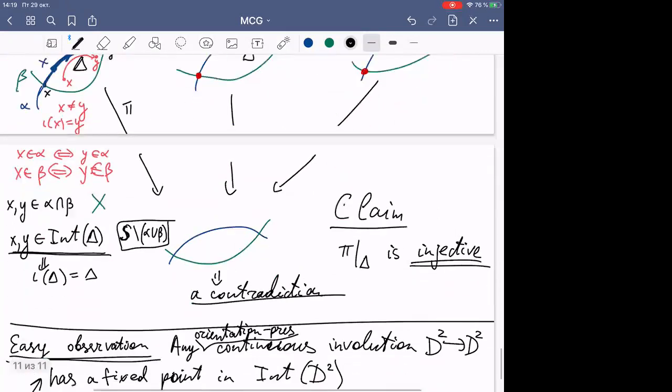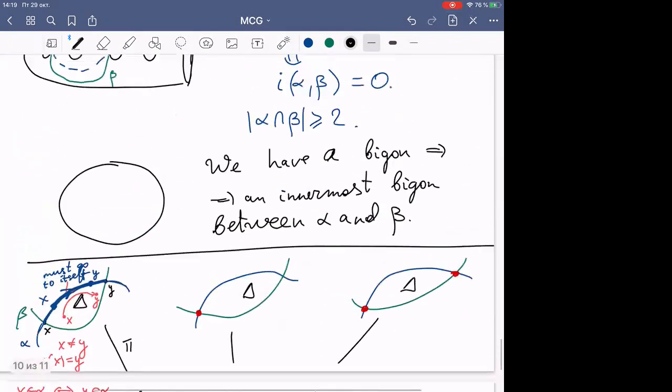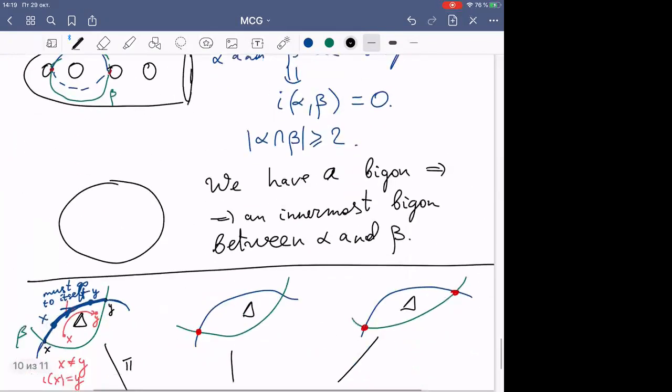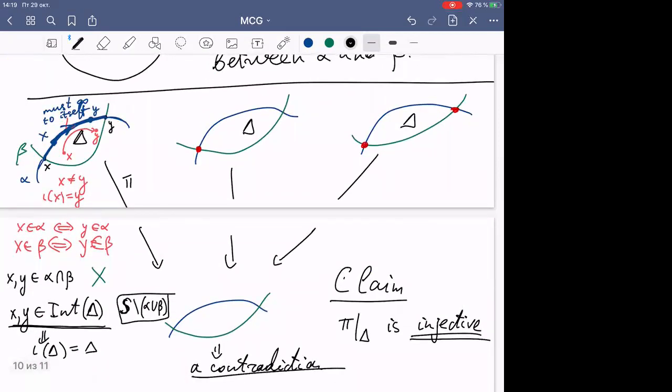Why does it complete the proof of the lemma? Since we see that the projection is injective, and the bigon upstairs goes to a bigon downstairs. In the case when these two points are in alpha intersected with beta.